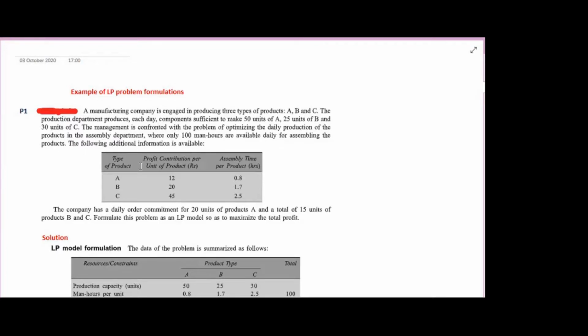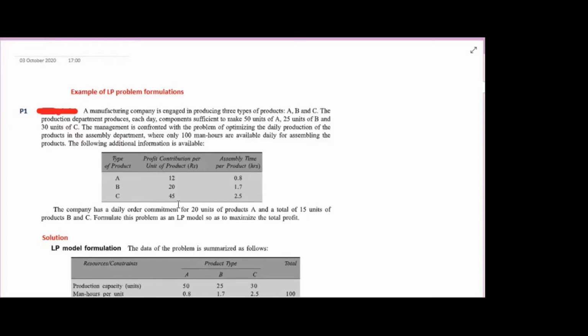The following additional information is also available: types of product A, B, C, profit contribution per unit of product is 12, 20, 45. That is 12 for A, 20 for B, and 45 for C. And assembly time consumed per product for A is 0.8, for B 1.7, for C 2.5.